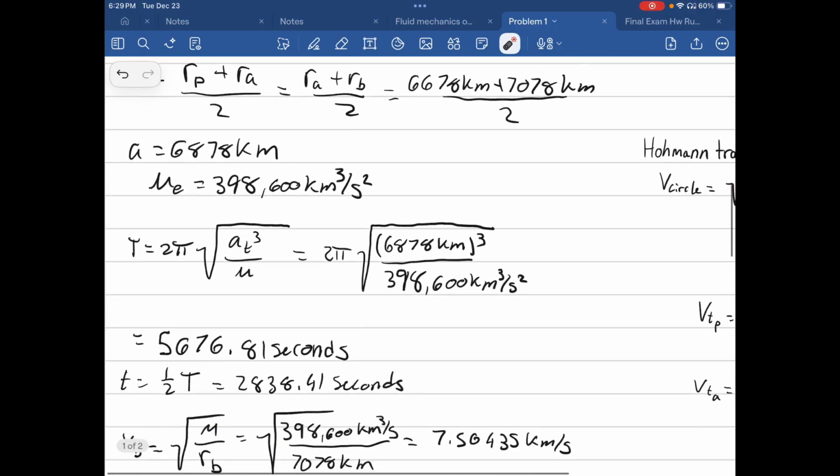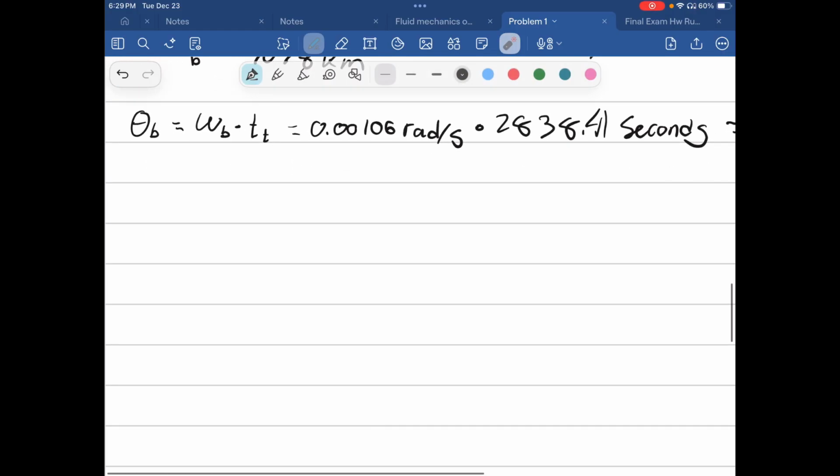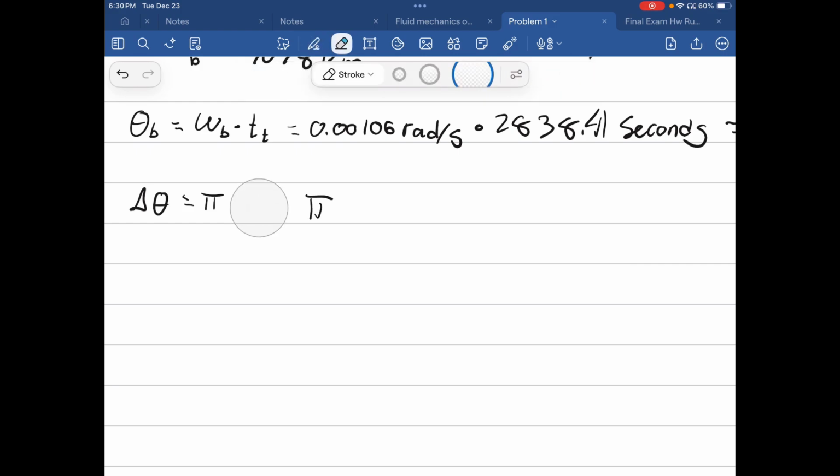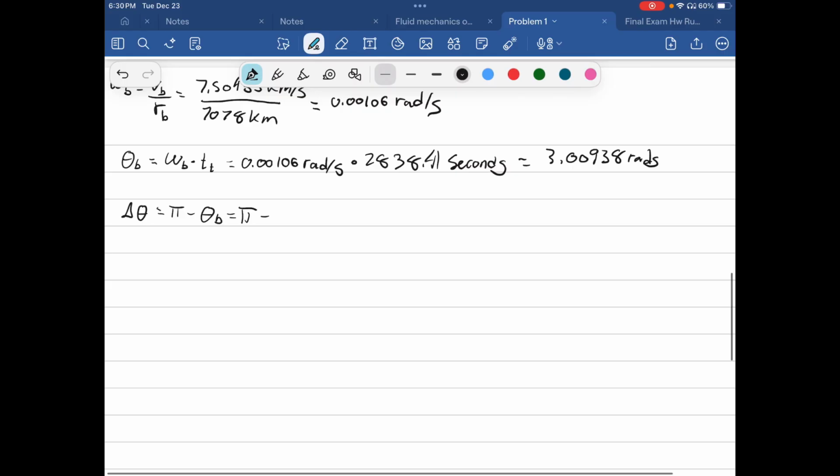So our change in true anomaly is equal to pi minus theta B, you can use F or theta, equals pi minus 3.00938 radians, which equals 0.132213 radians.